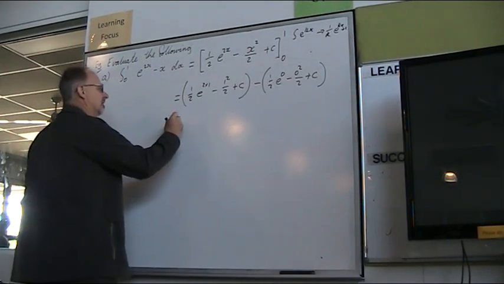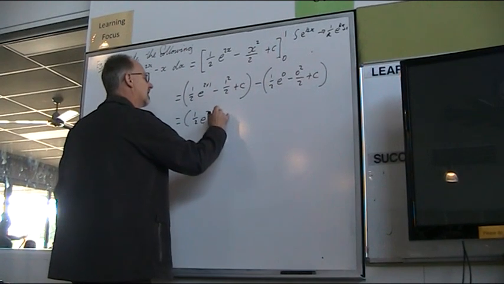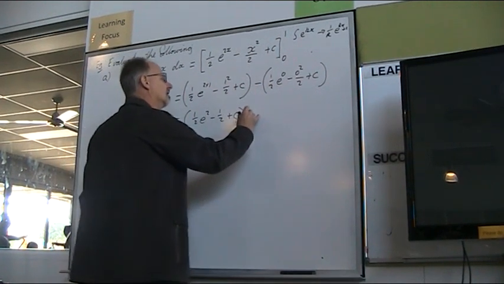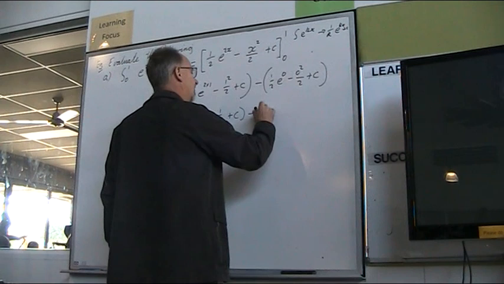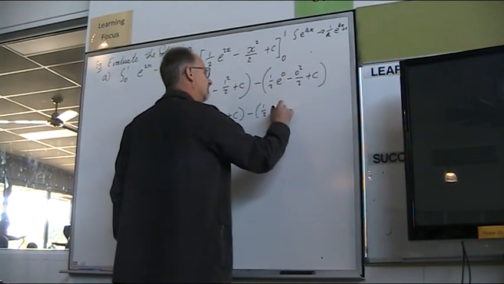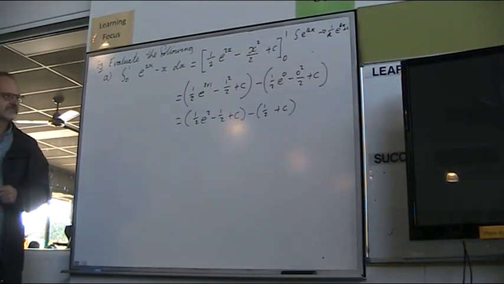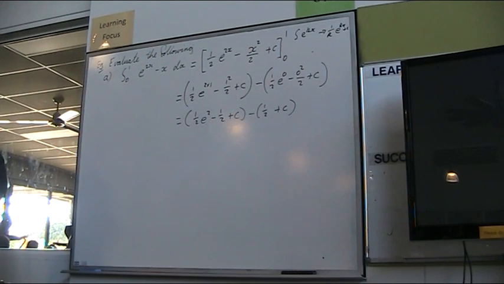All right, so what have we got? Half e squared minus a half plus the constant, minus a half at 0 plus the constant. Got that? I hope. Now, what do you notice about the constant?